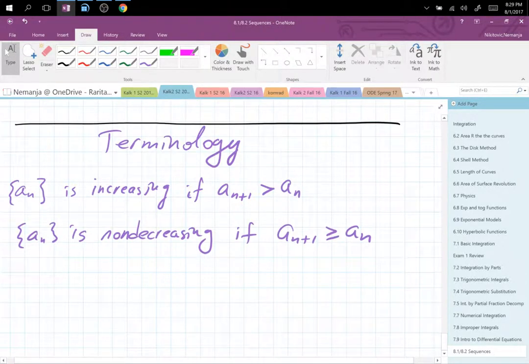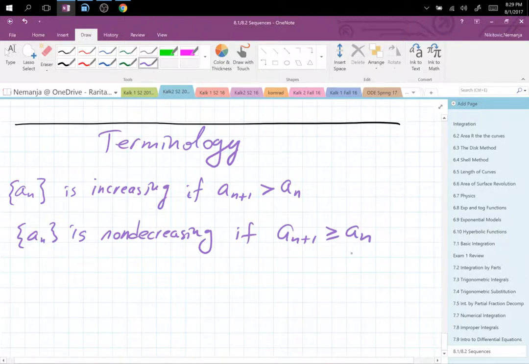From 1 to 1 there's no increase. There is increase everywhere else, but for the first two terms there is none, so we have to call it non-decreasing.